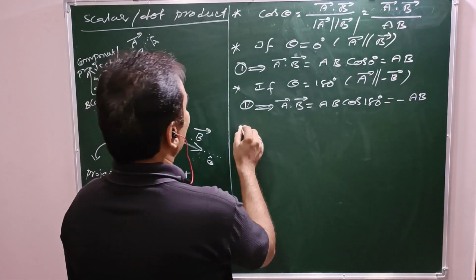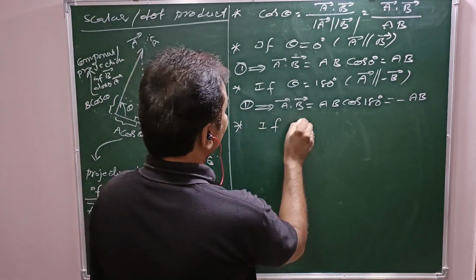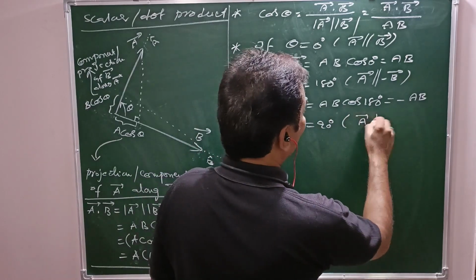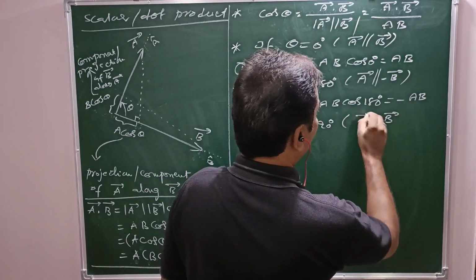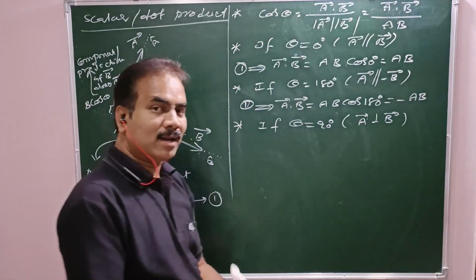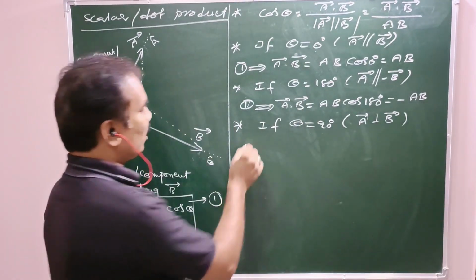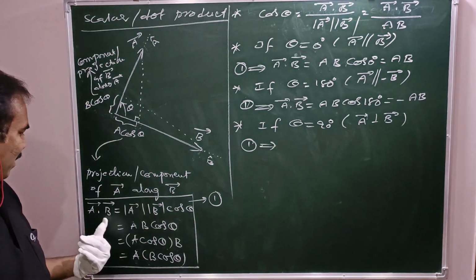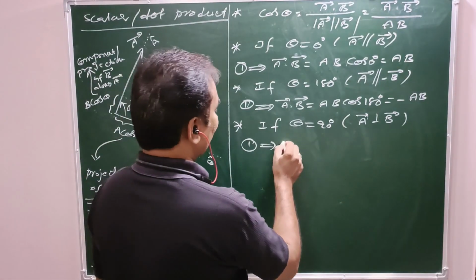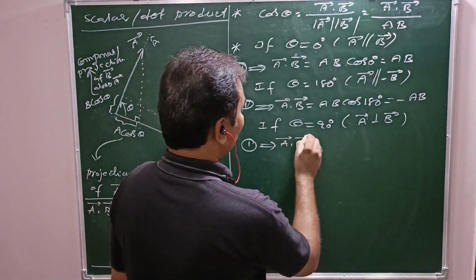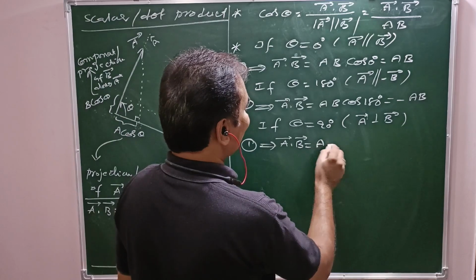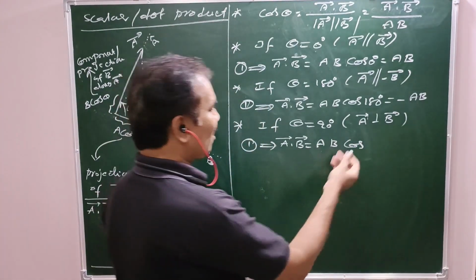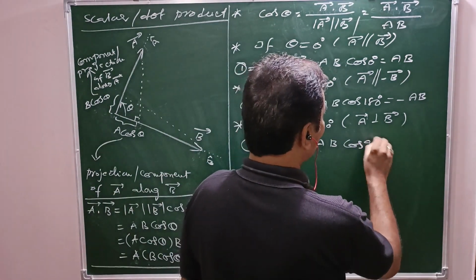Now if theta equal to 90 degrees, theta 90 means A bar perpendicular to B bar. Given two vectors A bar and B bar are perpendicular to each other, the first expression implies A bar dot B bar equal to mod A bar means A, mod B bar means B, into the cosine of the angle between them, that is AB cos 90 degrees.